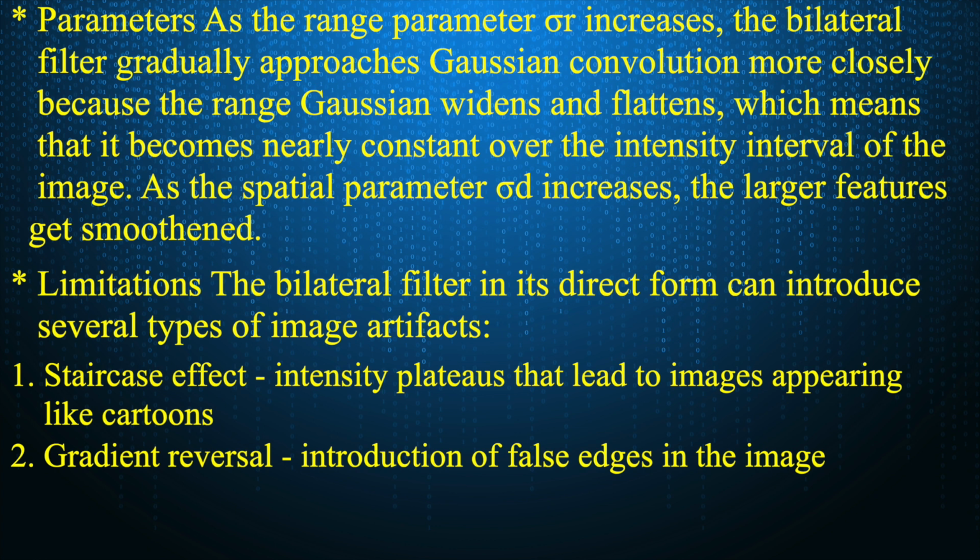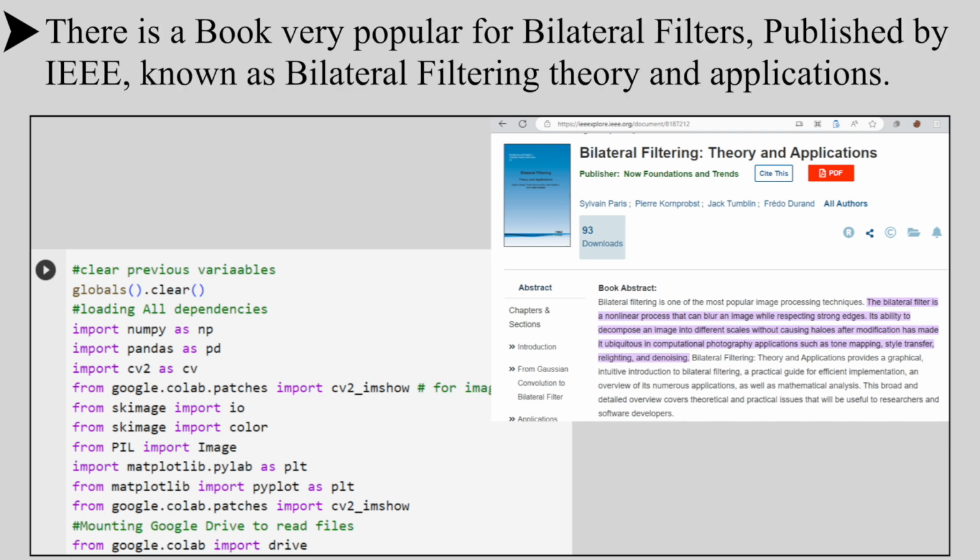There are some improvements that researchers have made to this filter, like the scaled bilateral filter, that scales the image before computing the weights. There are alternative filters. There are many books also available.